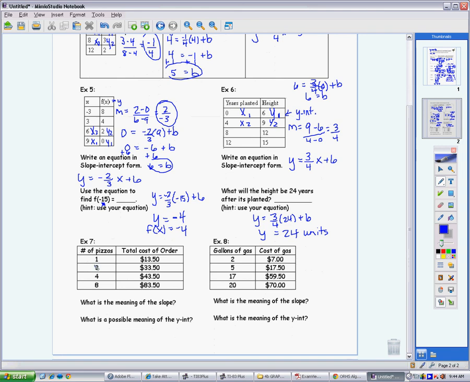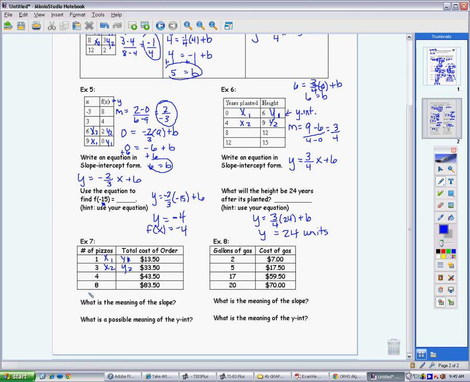Example 7, we have number of pizzas and total cost. And it says what is the meaning of the slope and what is the possible meaning of the y-intercept. Okay, well, so the meaning of the slope, we'll go ahead and calculate it. I'll use 1 for x1 and 1350 for y1, and then x2, y2.